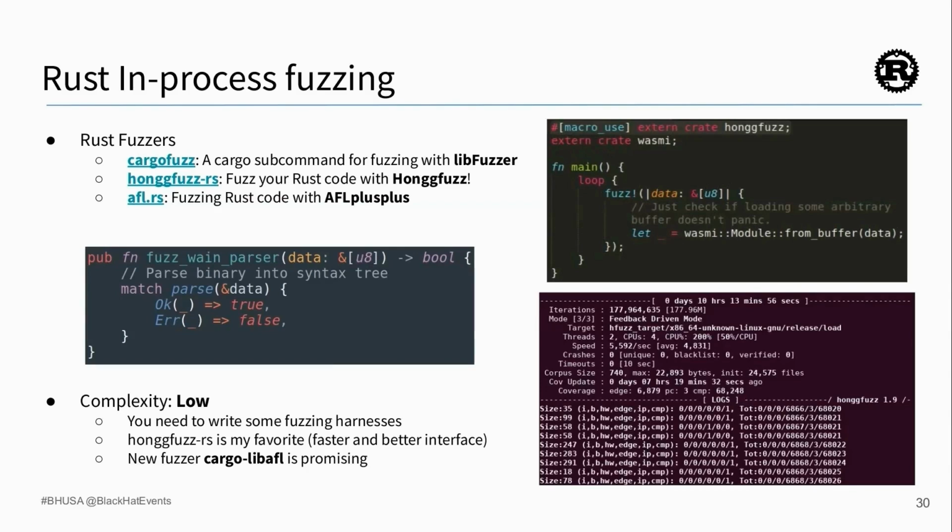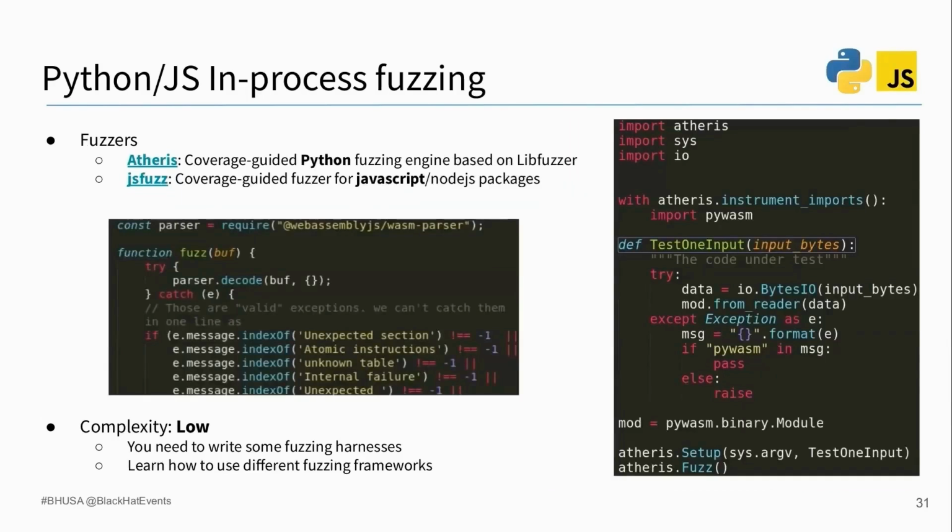I did that for basically all the targets I mentioned previously, so a bunch of fuzzing harnesses, and then I was running the stuff. It was not that complex. You just need to write the fuzzing harness, learn a bit how to use the framework, and you are good to go. For Python and JS, I was using Atheris.